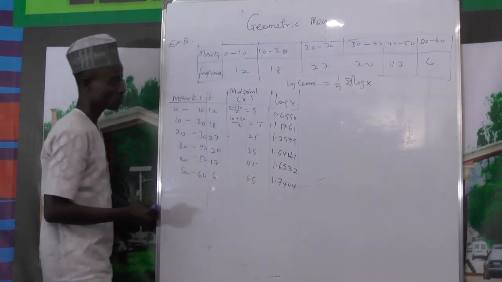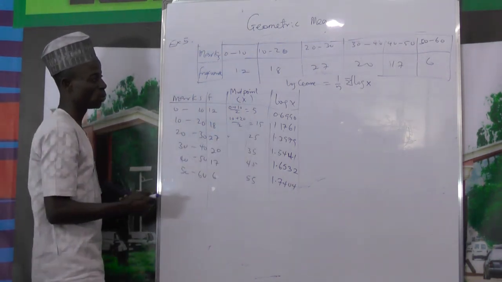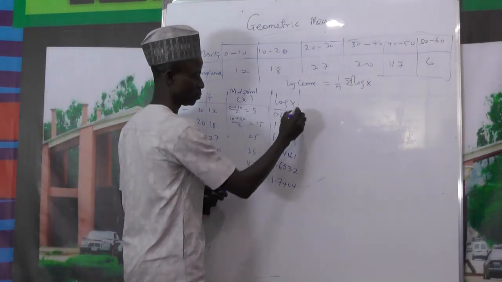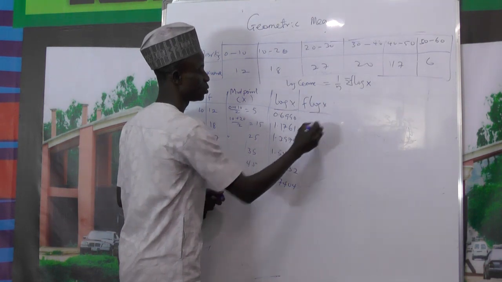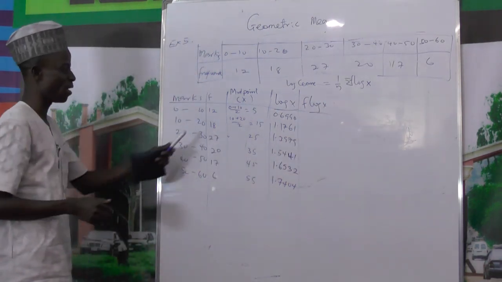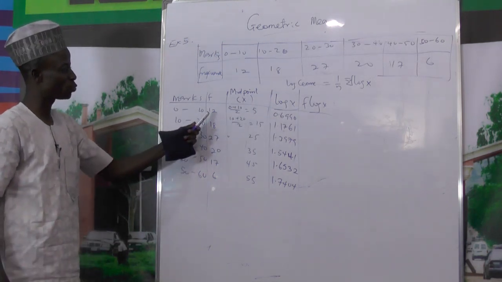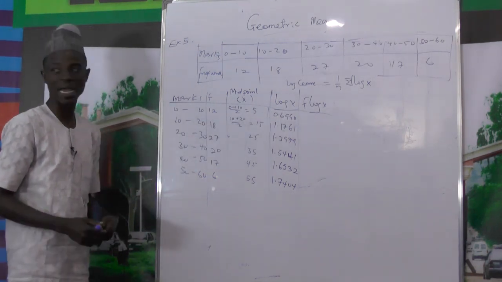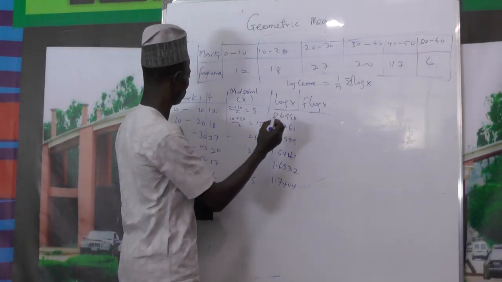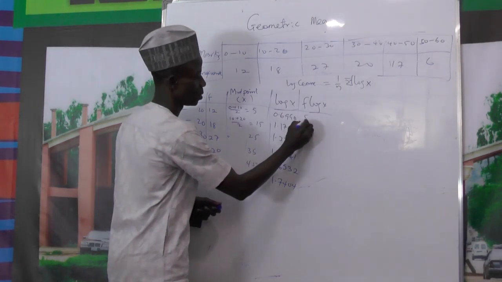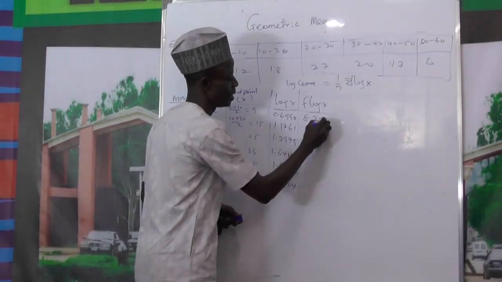So after getting the log of x, we now go for f multiplied by log of x. So we are multiplying the column of our f by the log of our x. If we multiply 12 by 0.6990, we are going to have 8.3880.